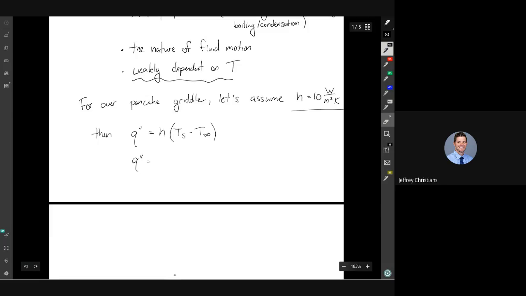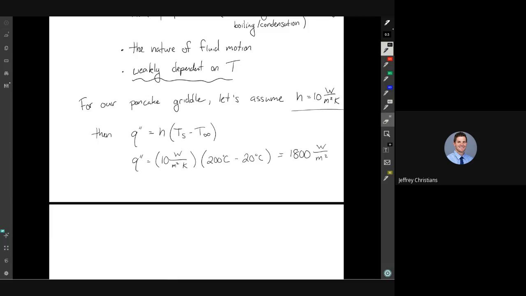Q double prime equals 10 watts per meter squared Kelvin times the surface temperature, 200 C, minus the air temperature far away, 20 C. So that equals 1,800 watts per meter squared.